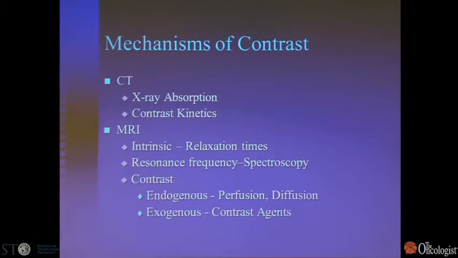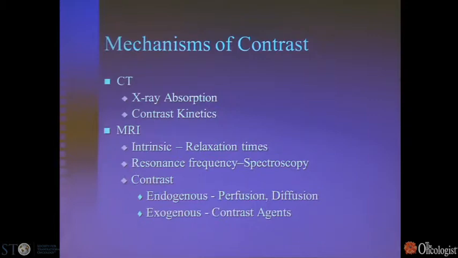With CT, the image contrast is based on X-ray absorption. We commonly give intravenous contrast and rely on contrast kinetics. Because we're dealing with ionizing radiation, we are limited when dealing with people as to how many times we can scan to map out contrast dynamics. With MRI, we do not have those limitations, and we have a lot of different levers we can use to develop image contrast.